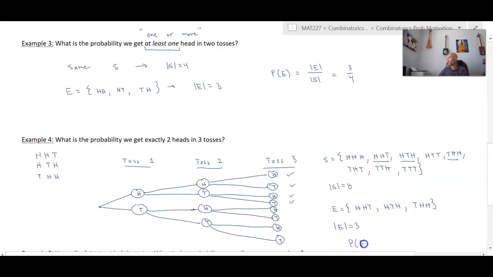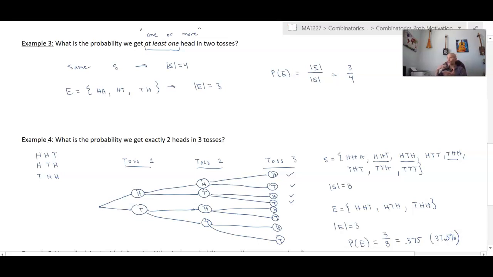And so the probability of that event is going to be the number of ways it can happen divided by the number of possible ways. And 1/8 is 0.125. I think this is going to be 0.375. Or if you wanted to express it as a percentage, there's a 37.5% chance.